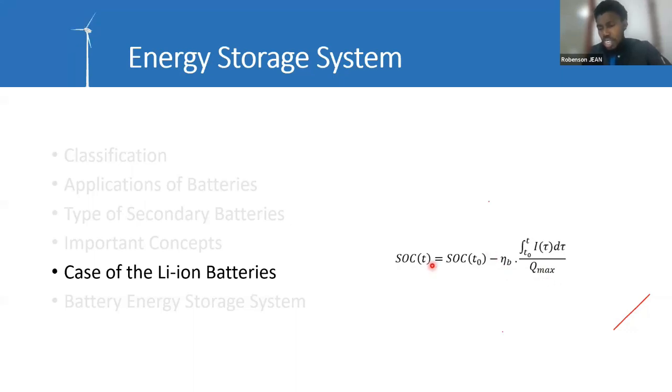So why is it important to know the state of charge of the battery? It is important because it is with this state of charge that we can design a control strategy or a battery management system, so the battery energy storage system can operate in a convenient way.